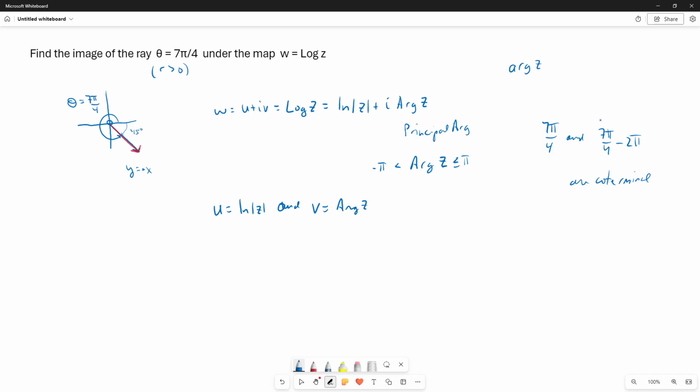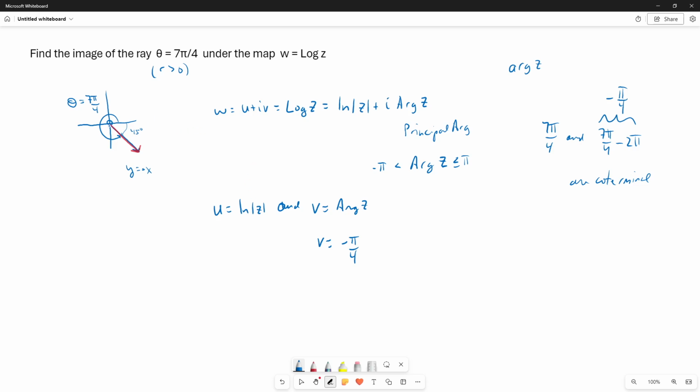And the second one here is in the proper interval, because 7 pi over 4 minus 8 pi over 4 is negative pi over 4, which is between negative pi and pi. So V is equal to negative pi over 4. So V is a constant, and U is log of modulus of Z.